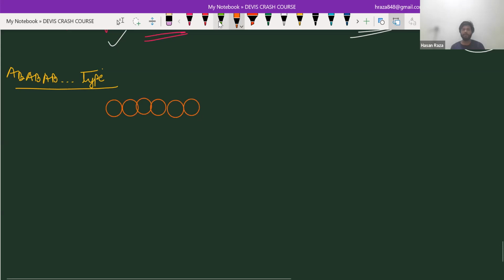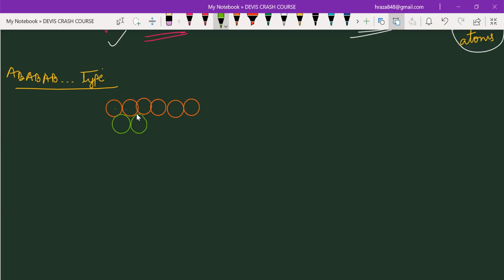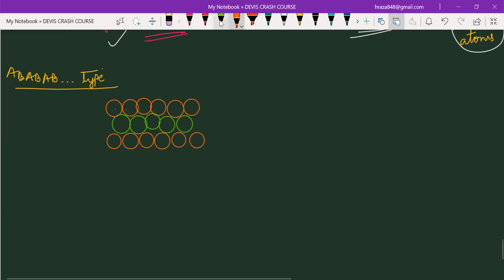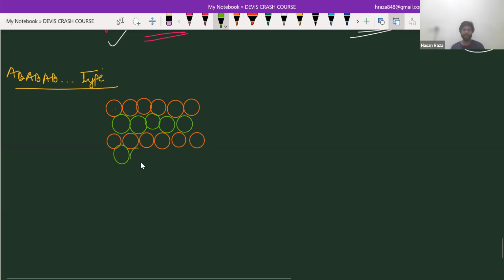Now you can see the next layer will be in between these two, in between these two, in between these two. Now the third layer will be similar to the first one, and again the fourth will be similar to the second one, right?